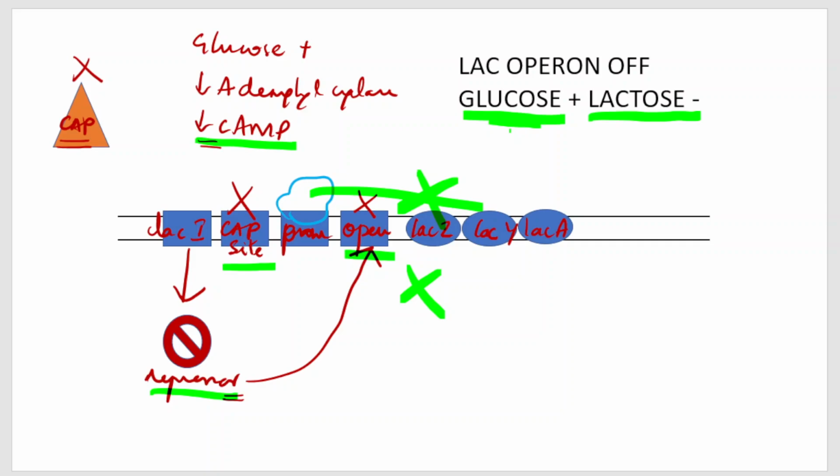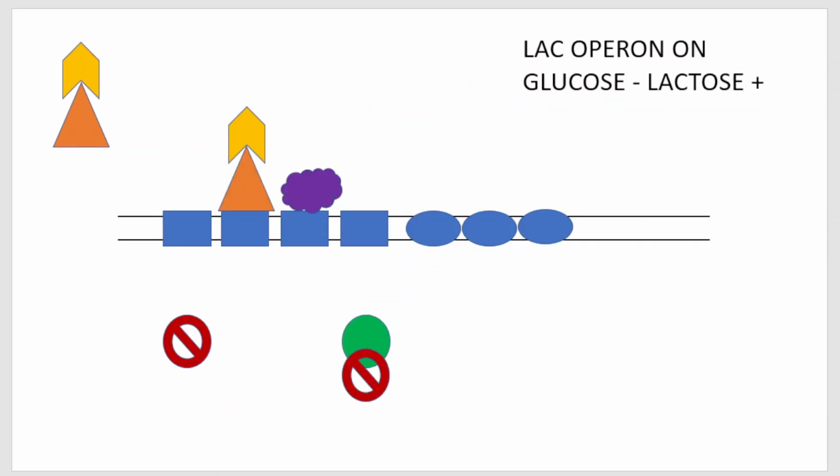The next scenario is when glucose is absent and lactose is present. In this condition, the bacteria has to utilize the lactose. This is the LAC I gene which produces the repressor protein. This is the CAP site, where the CAP and cyclic AMP bind.